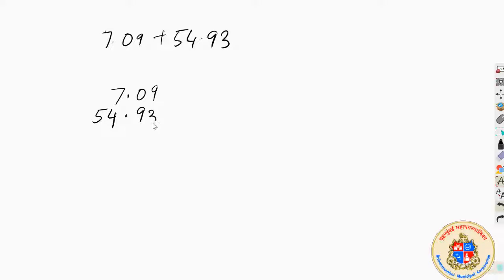For example, $7.09 plus 54.93. So you will write it so that the decimal points come in line: 7.09, then 54 you write like this, and point below point, right, 93.